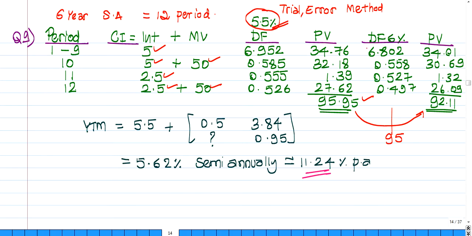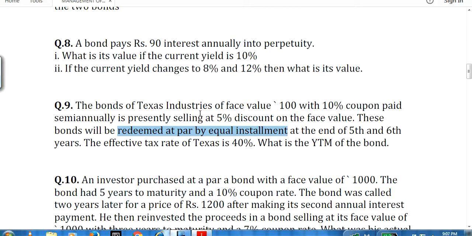What is our aim? I said it is not a par because we are receiving it. If you are purchasing this one, it is presently selling at a 5% discount. So you need not pay 100 rupees because it is selling at 5% discount. 100 minus 5%, 95.